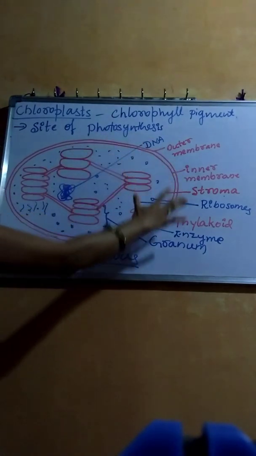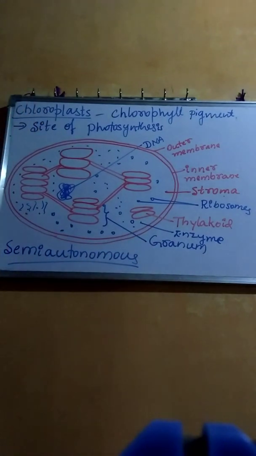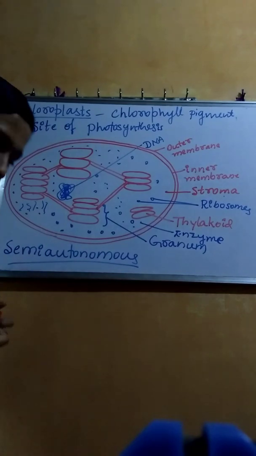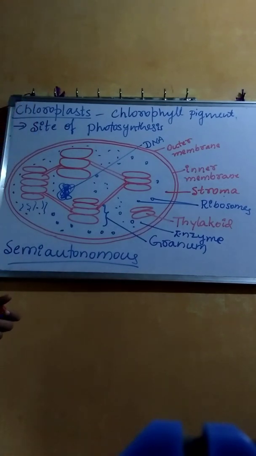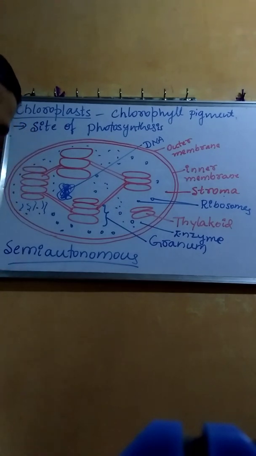This is about the structure of chloroplast. What are the important functions of plastids? The colored chromoplasts, for example orange, red or yellow colored plastids, are present in fruits and flowers.